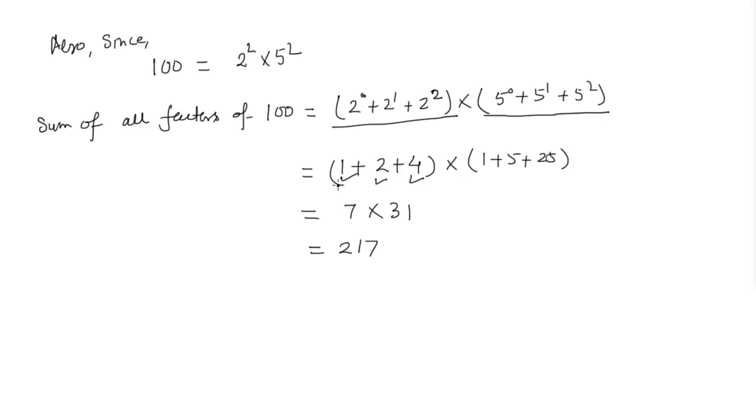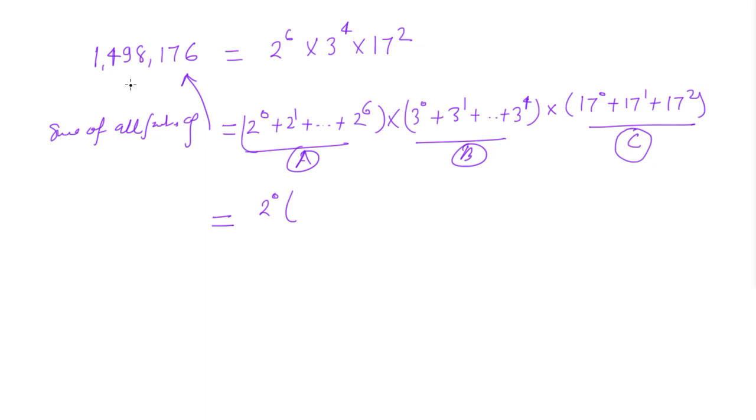The sum of these numbers is 7 and the sum of these numbers is 31. So finding the product, we get 217. So the sum of all factors of 100 equals 217. But summing the individual factors becomes very tedious when we are dealing with a large number.